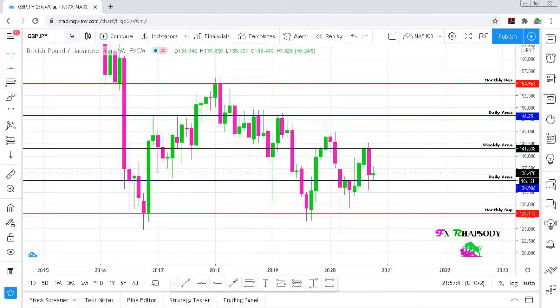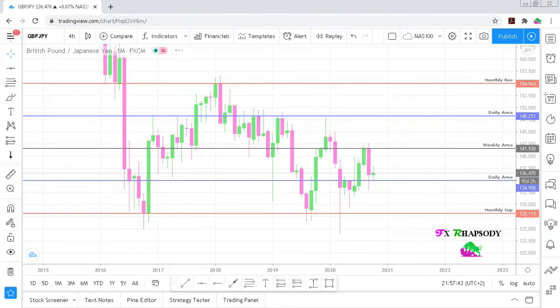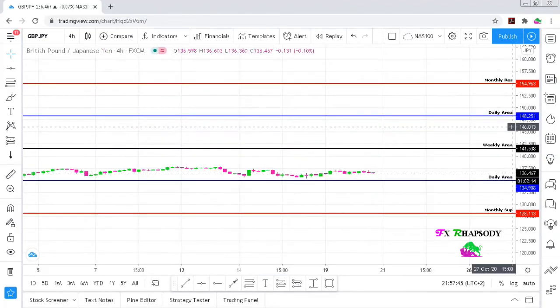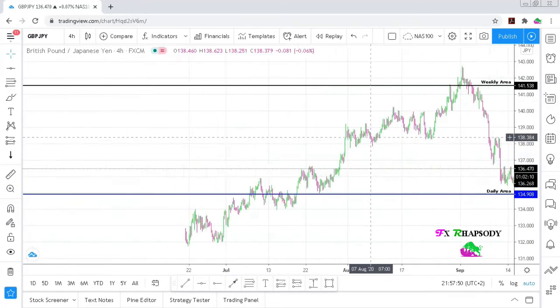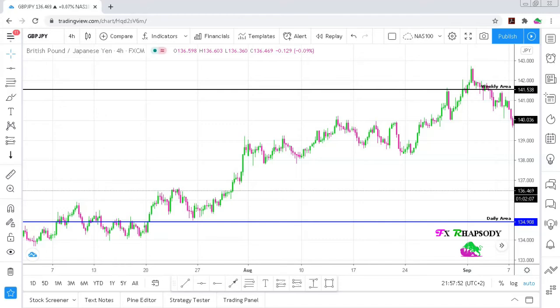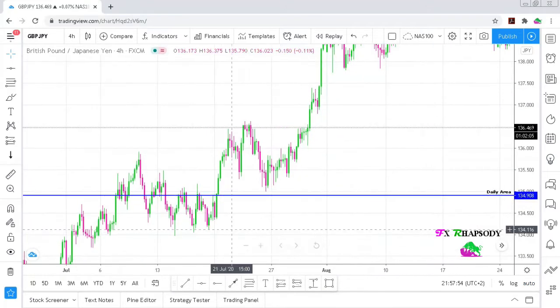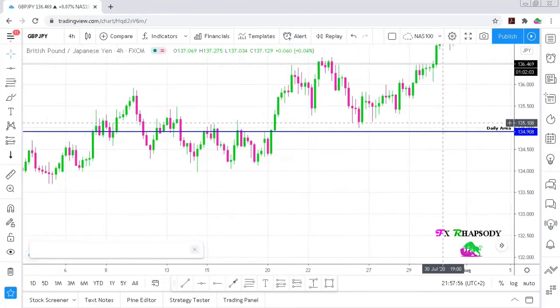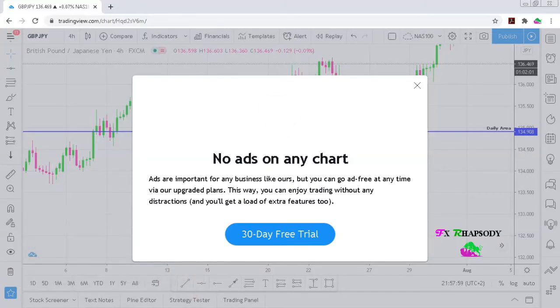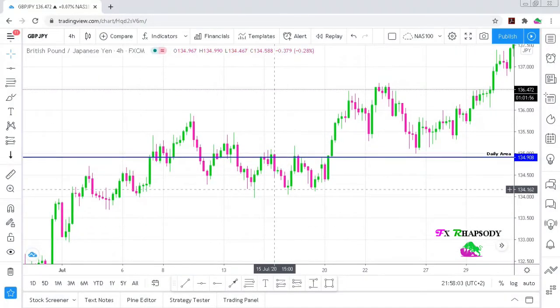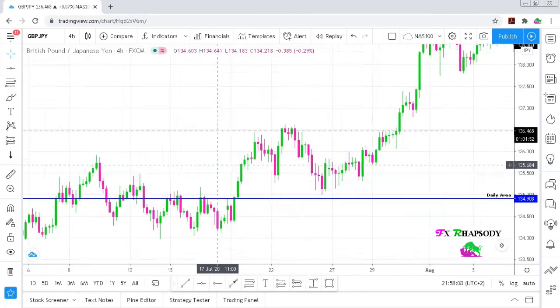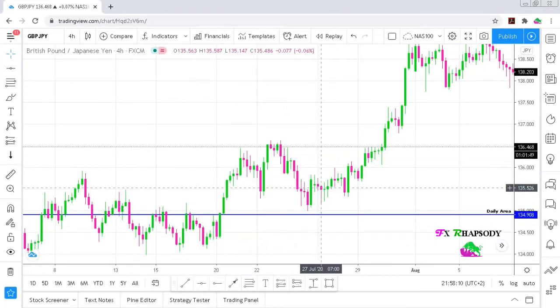You can drill down now to even your 4-hour mark. Let's just see what happens here for interest sake. There we go. See how price jumps around that line, making support and resistance, and then all of a sudden breaks, comes and retests that area, and then price jumps in at this retest.